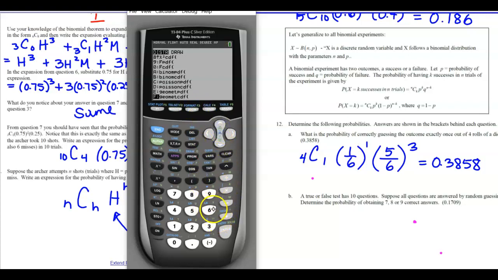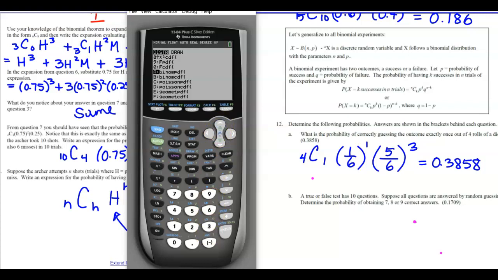Cursor up, there's some extras that I found on the other calculator. You'll see binompdf and binomcdf.